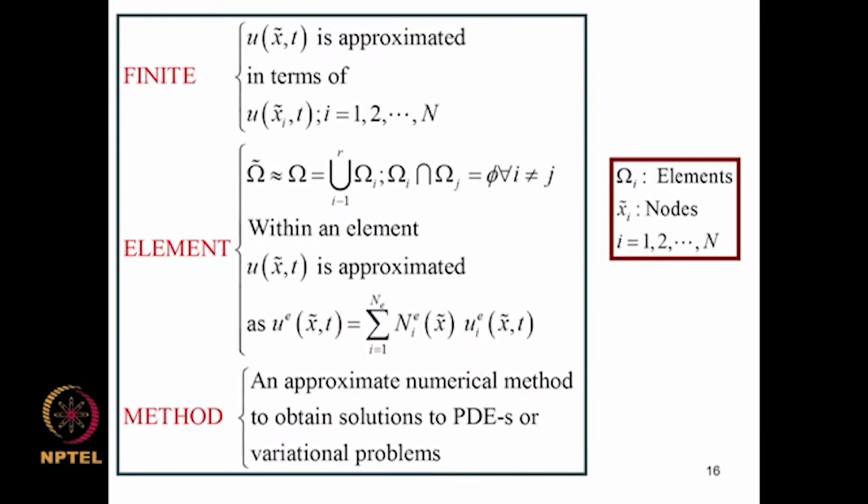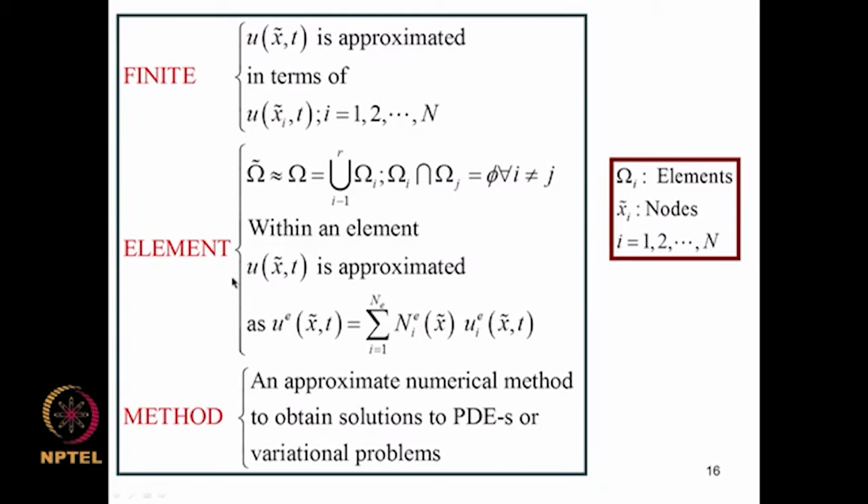Now, the phrase finite element method: the word finite originates because the field variable is approximated in terms of the values of the field variables at a set of nodes, a finite number of nodes, and that is where the word finite arises.